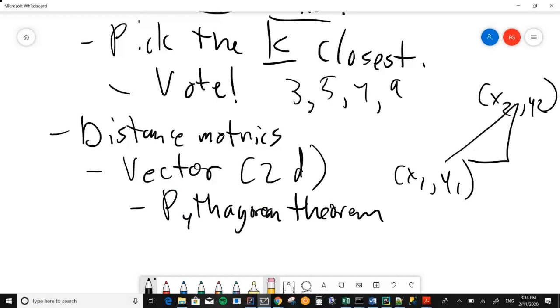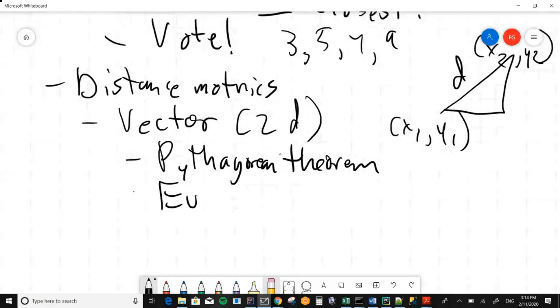Finding the hypotenuse of a right triangle is a form of distance we might use or consider. And this is typically called the Euclidean distance. Why the Euclidean distance? Because Euclid and his Elements gave us the Pythagorean theorem.